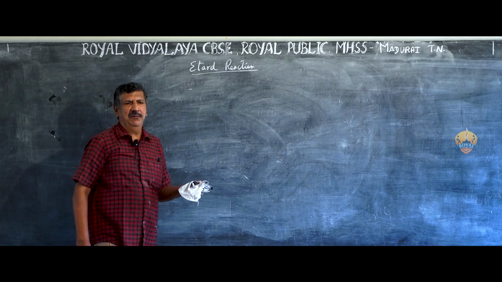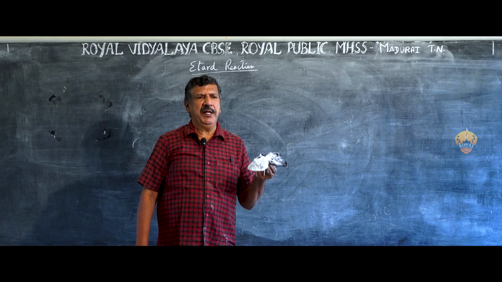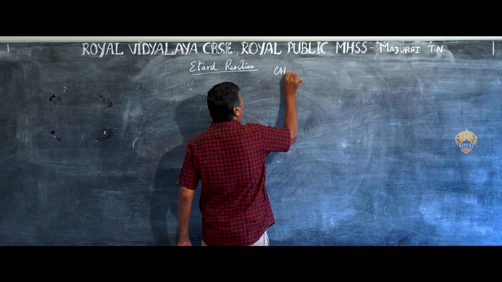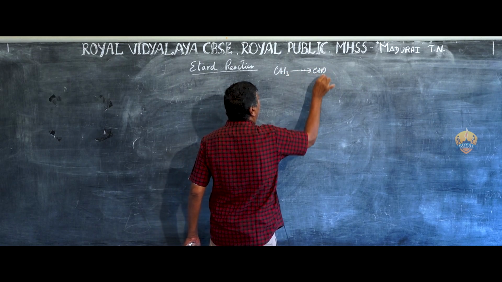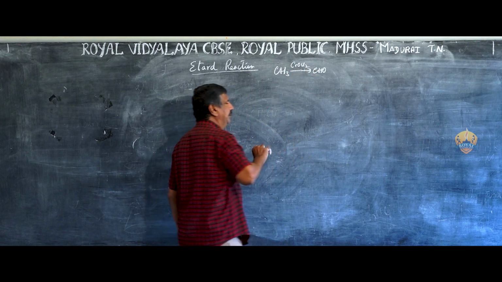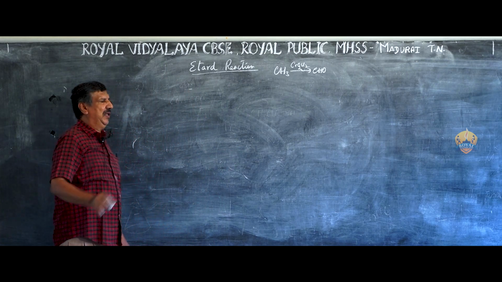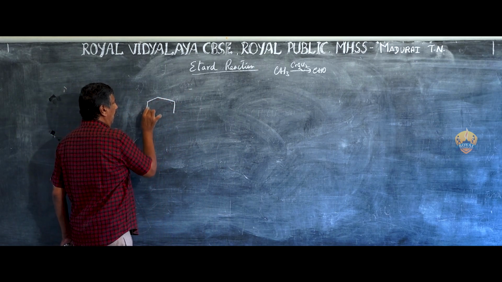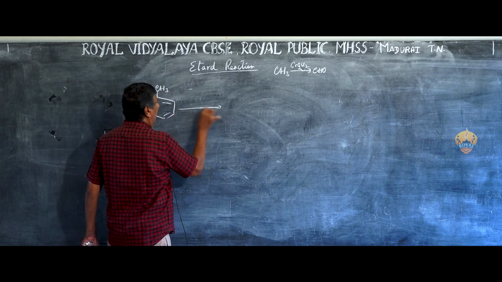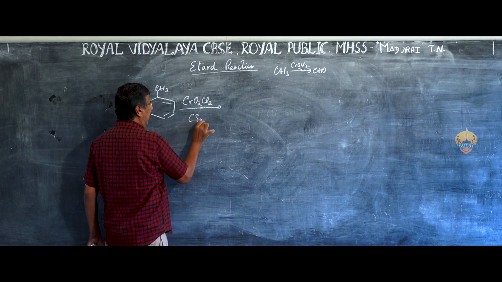It is able to convert CH3 into CHO using chromyl chloride. You see, first I am writing the toluene, then as usual chromyl chloride, carbon disulfide.